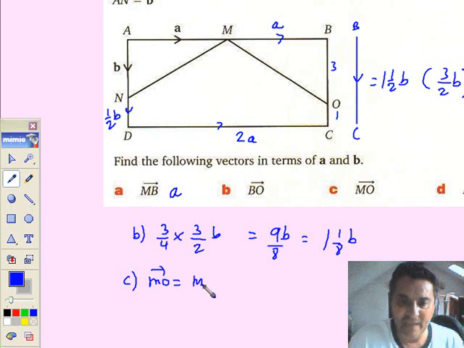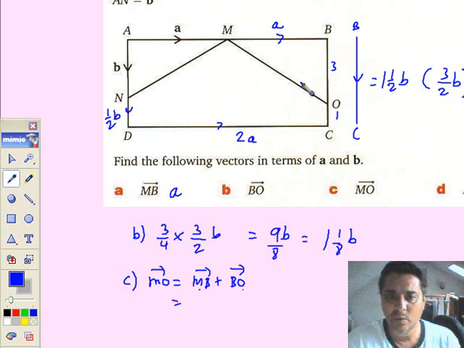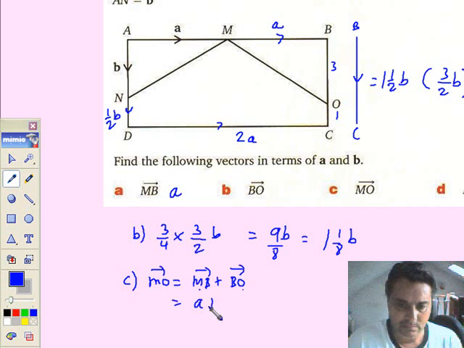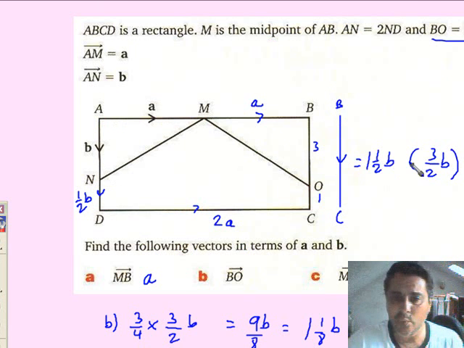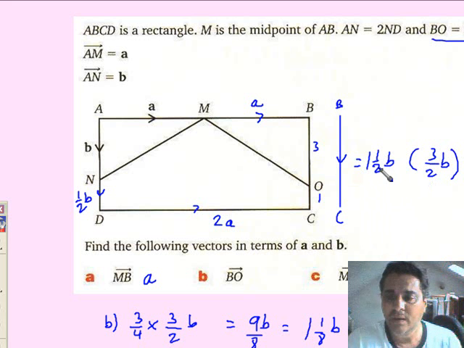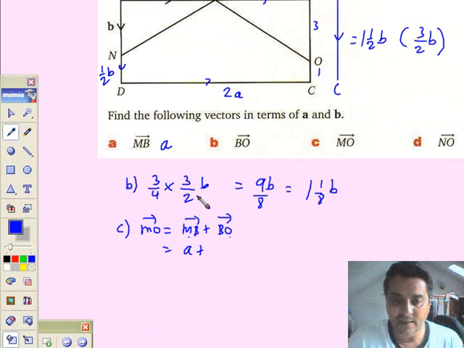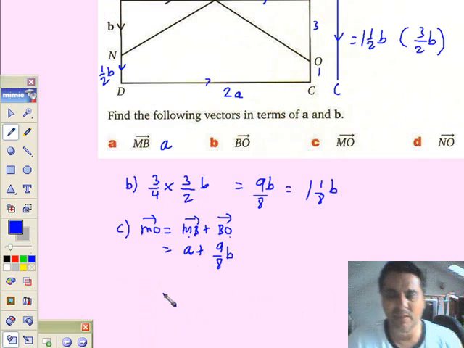M to O is going to be M to B followed by B to O. Alright, starting with M, finishing with O. Substitute, well, M to B is called little a, and B to O, I've just calculated as 3/4 of whatever 1/2 b's is, which I've calculated as 9 over 8, so that's going to be plus 9/8 of a b. Sorry that the a and the 9 look very similar, that should help a little bit.